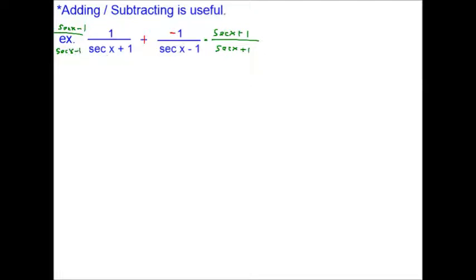Okay, so now my numerators are actually going to come out kind of nice. I've got secant x minus 1 on the left, plus, and this is why I do this, negative 1 times secant gives me a negative secant x. That'll be nice. And then negative 1 times 1 gives me a minus 1. And then this gives me this whole denominator of secant x minus 1 times secant x plus 1.